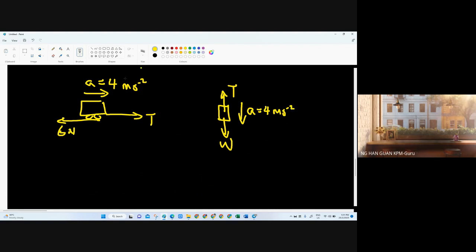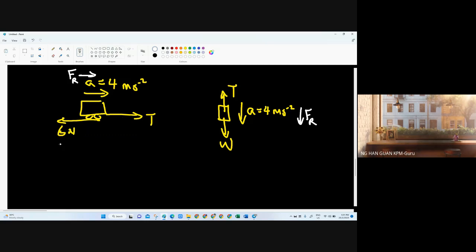So now with that, we form our own equations. Our equations rest on the resultant force concept. The tension definitely has to be bigger than 6 Newton because we have the acceleration. So the resultant force acts this way. And this one is also the same, the resultant force acting this way. So remember, resultant force equals ma.